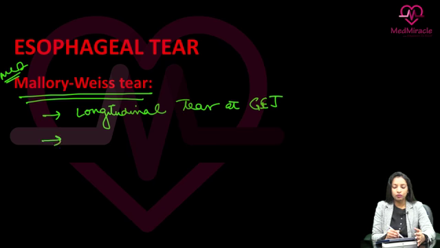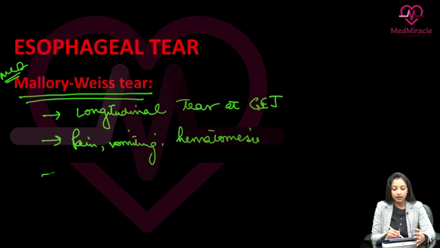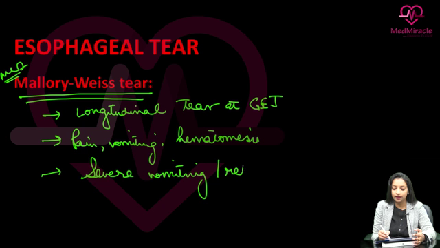So this can lead to pain, it can lead to vomiting and hematemesis. So why is it caused? In case of severe vomiting or severe retching, there can be a tear. This vomiting and retching can be precipitated by acute alcohol intoxication.